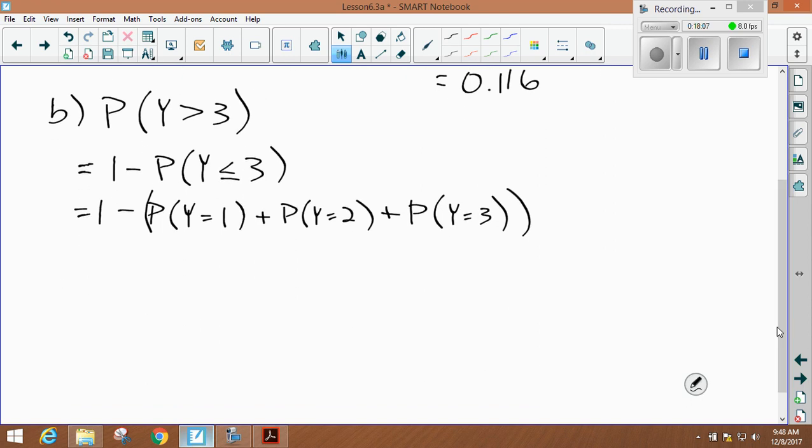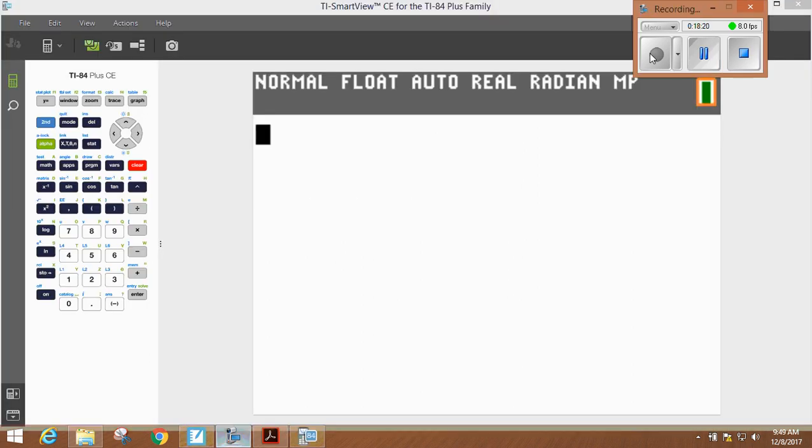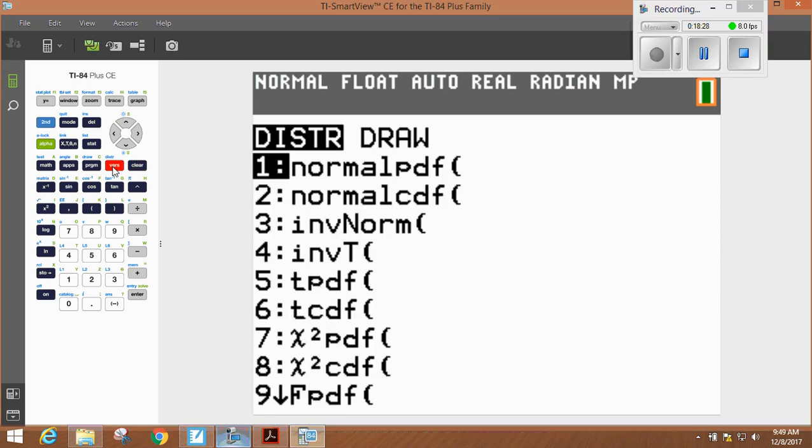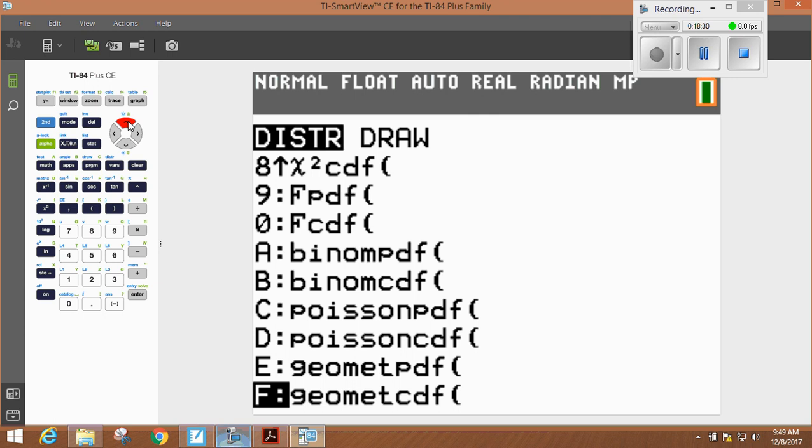We do actually have a function for that on our calculator as well. All right, so you may not have noticed that when we went to do our calculation for binomial, there is also a geometric cumulative distribution function.